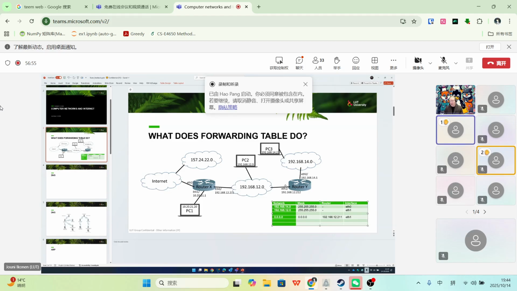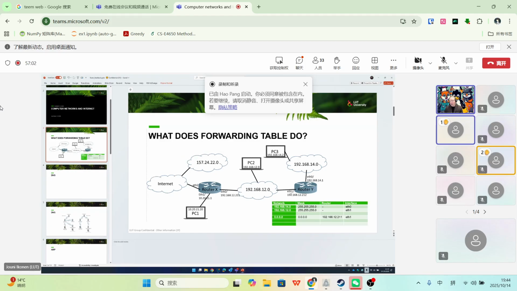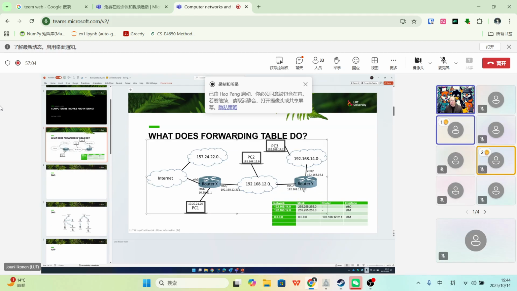If we are in this network, we are PC3. We never see this by trace route or pinging. We see only this interface here. So if we are pinging here, we see this interface and this interface. Is it enough only to include them, or should I try to guess the others?